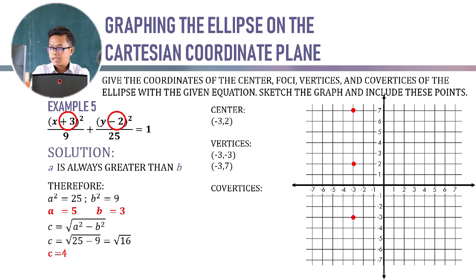For your co-vertex, that is your b nga distance from your center. So, makount ka 3 units from your center. Therefore, ma-minus kag ma-plus ka sa imo nga negative 3. So, the first co-vertex is equal to negative 6 and 2. Kay kung makount ka pa left sa imo nga center, that is negative 6.